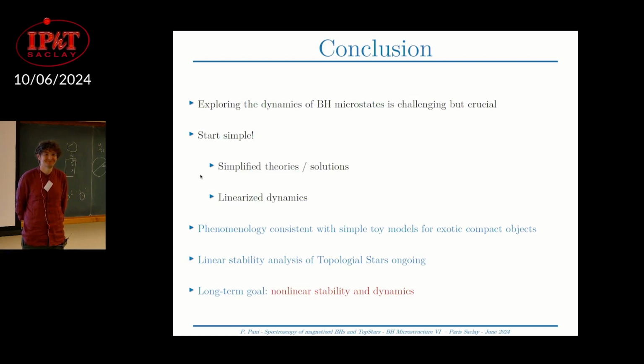Question: for the unstable one, can you relate the unstable mode to some temperature, like radiation or anything? How is it unstable? Is it blowing up? We didn't think about it.